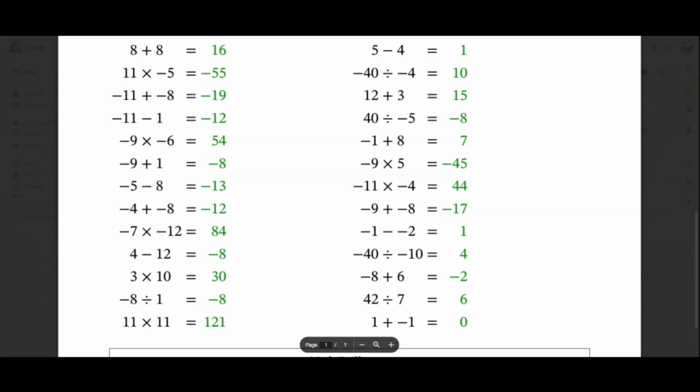If you got all these right, that is super duper fantastic. If you only missed a couple, 2, 3, that's good too. Now, if you missed a whole bunch of them, then you need some more work.